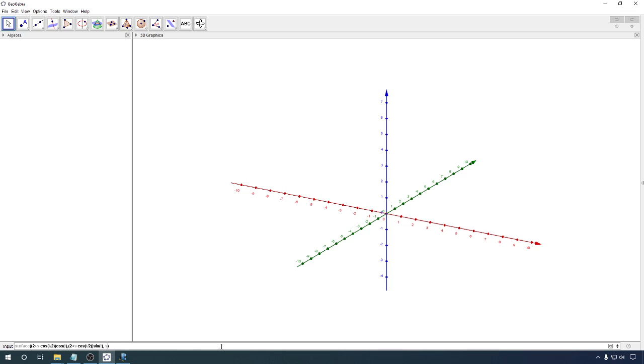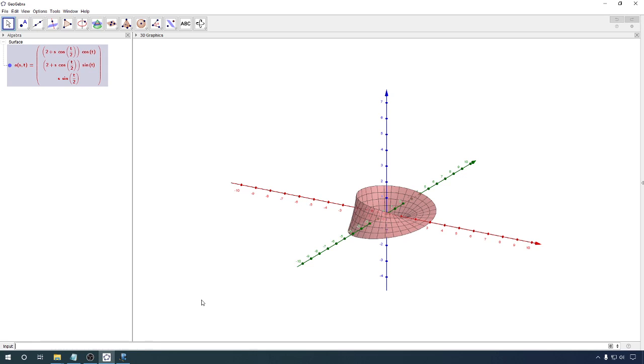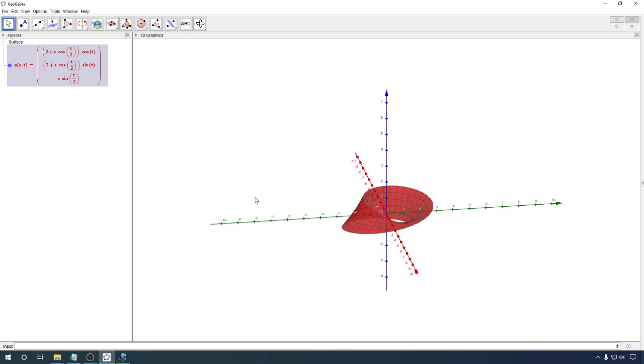And our z component was s times sine of t over 2. I didn't write down what limits I'm going to use. I'm going to do s from -1 to 1, and t from 0 to 2 pi. We have this surface here.